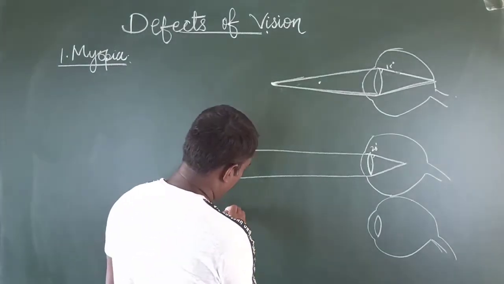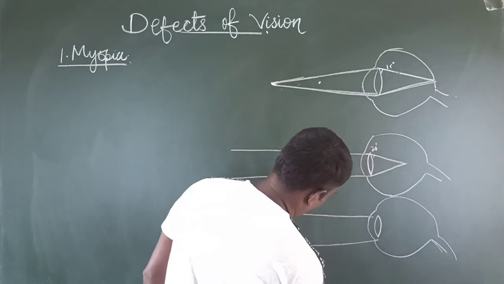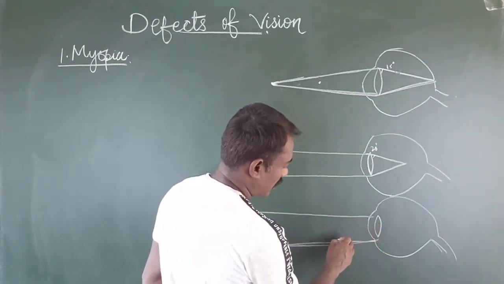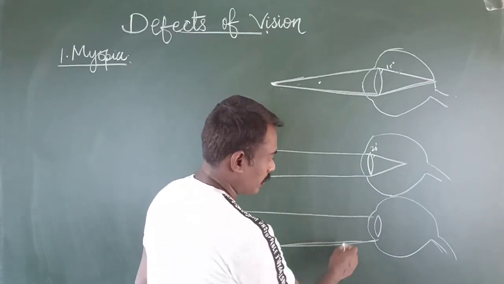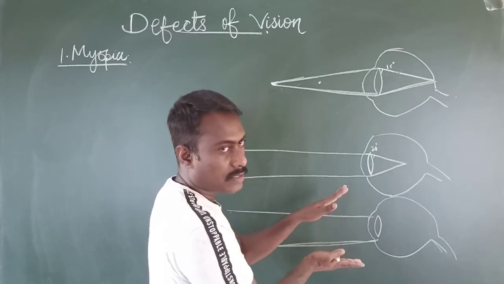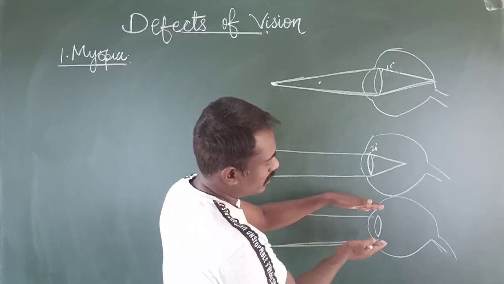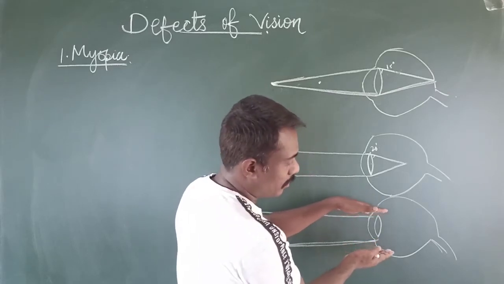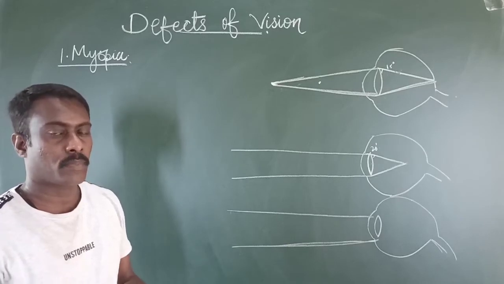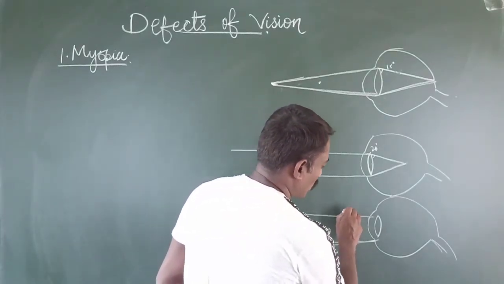How are these light rays coming from a faraway object? Before these rays coming from the object are incident on the eye lens, if they are diverged a little bit, then they may exactly intersect at a point on the retina. So what needs to be done?